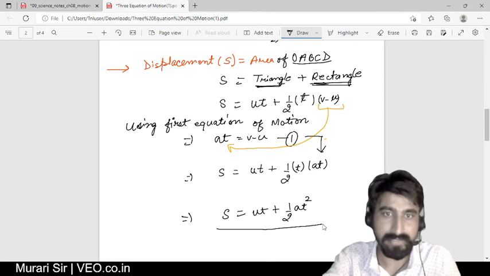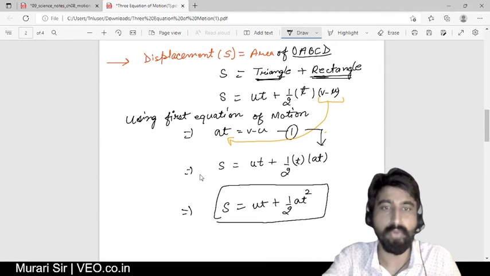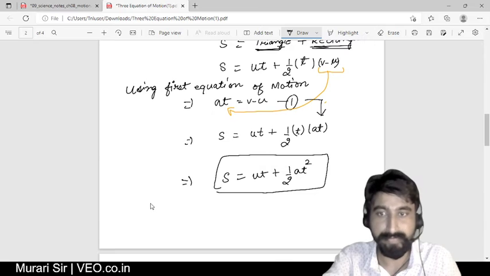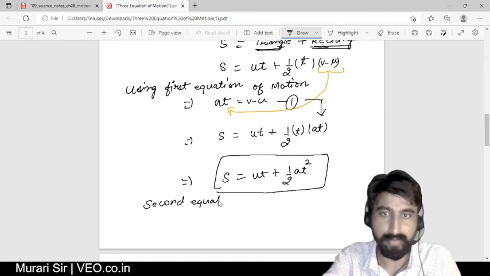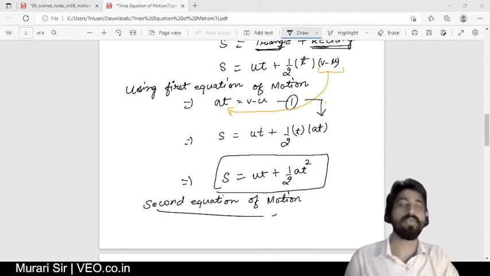This is our second equation of motion. Very important, very easy to remember. Second equation of motion.